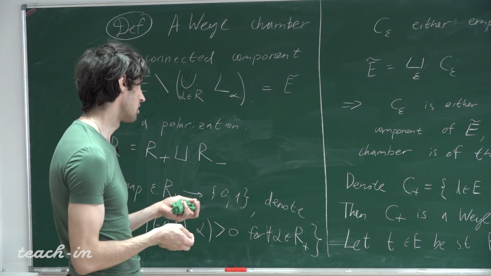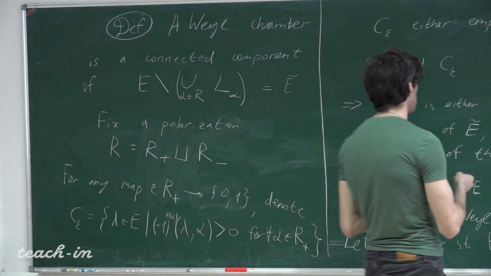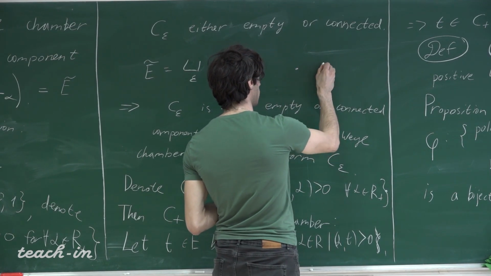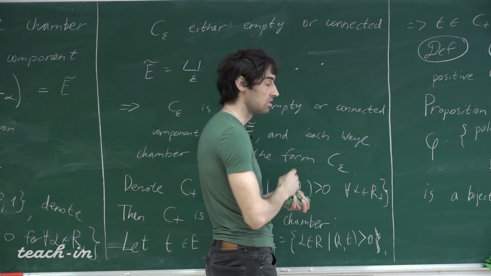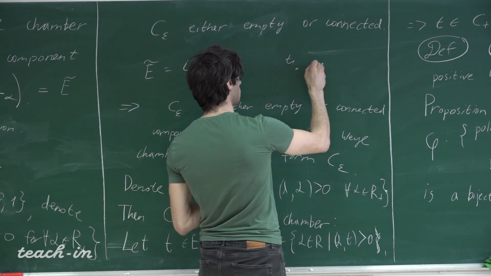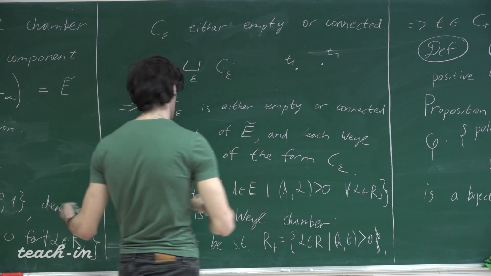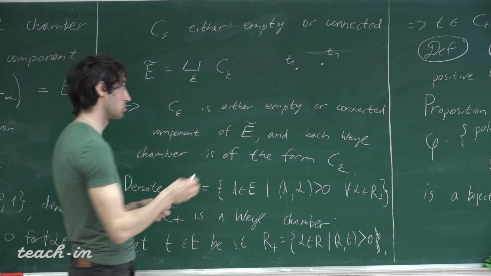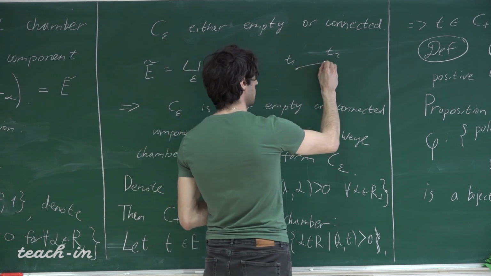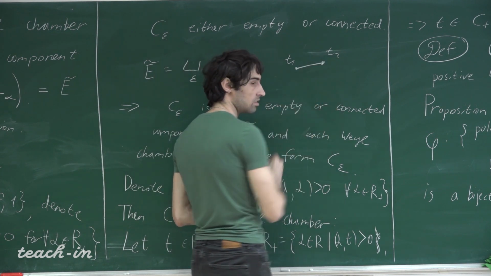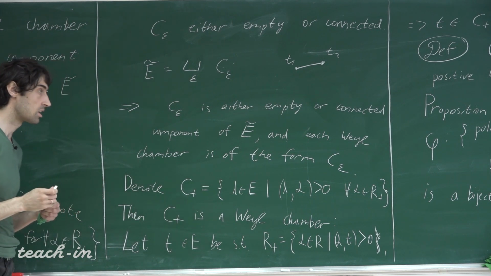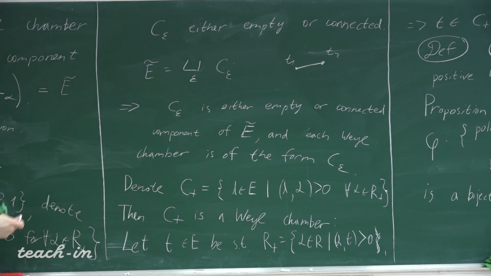Therefore, I can find two elements, T1 and T2, in C epsilon. Then I would like to draw a straight line from T1 to T2. I claim that this straight line is inside C epsilon.